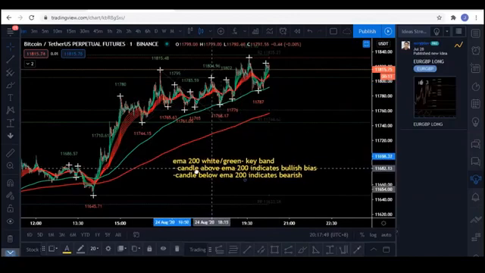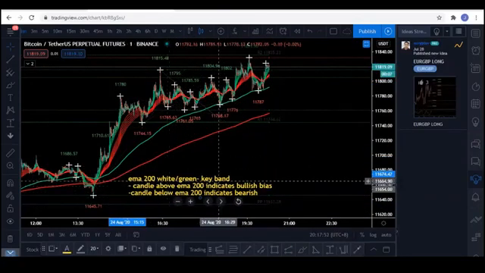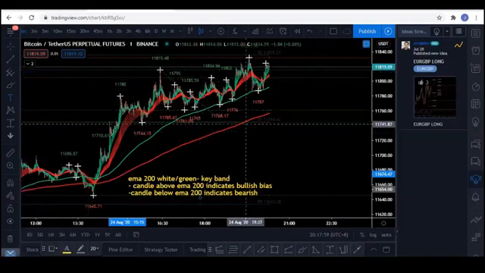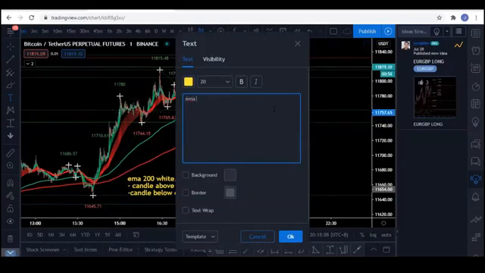That is our first, EMA 200. And the next is our EMA 500. What is this EMA 500? The color is red, and in the free script it is also red.